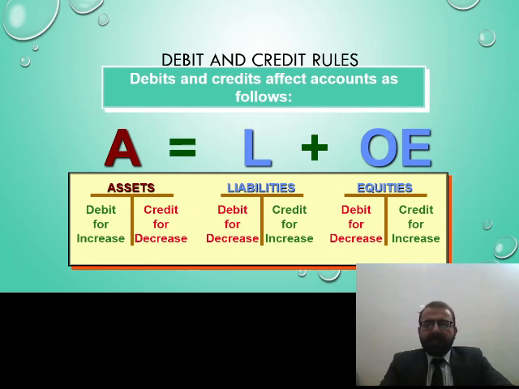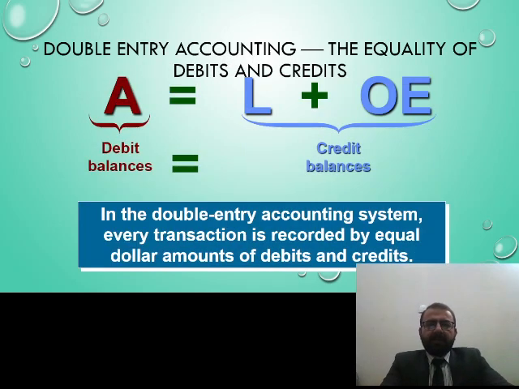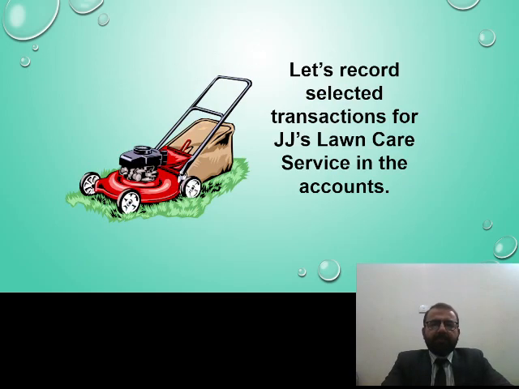In equity, debit for decrease and credit for increase. Double entry accounting, the equality of debits and credits. In the double entry accounting system, every transaction is recorded by equal dollar amounts of debits and credits. Assets are debit balances, liabilities plus owner's equities are credit balances.